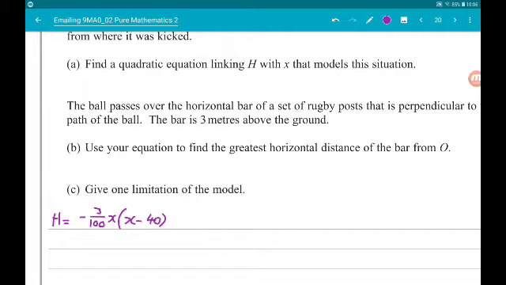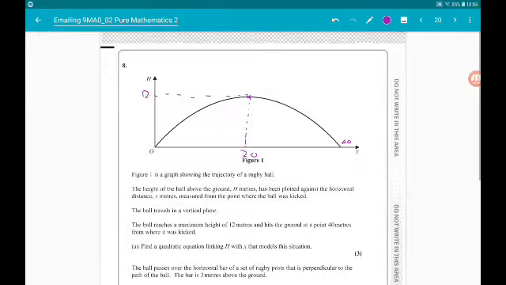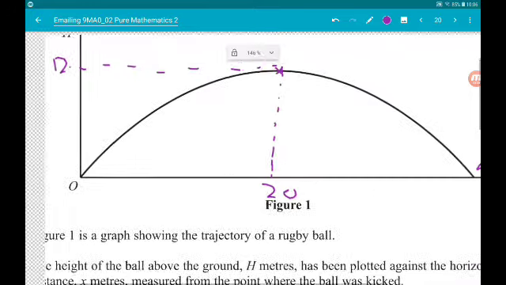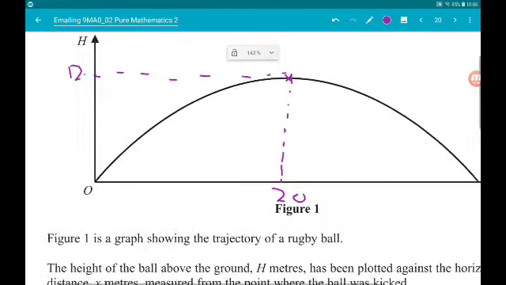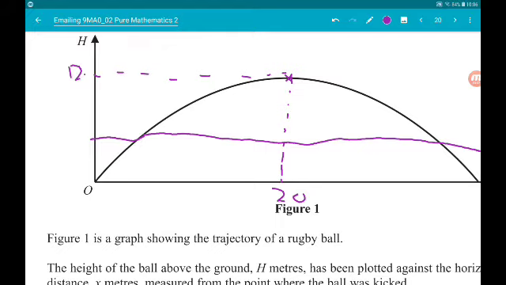Okay, so there's 2 points where the bar could be. What we're looking for is, on our graph, where does h equal 3? So let's say 3 is about there. We get 1 point there at the start, and then we get another point over here.